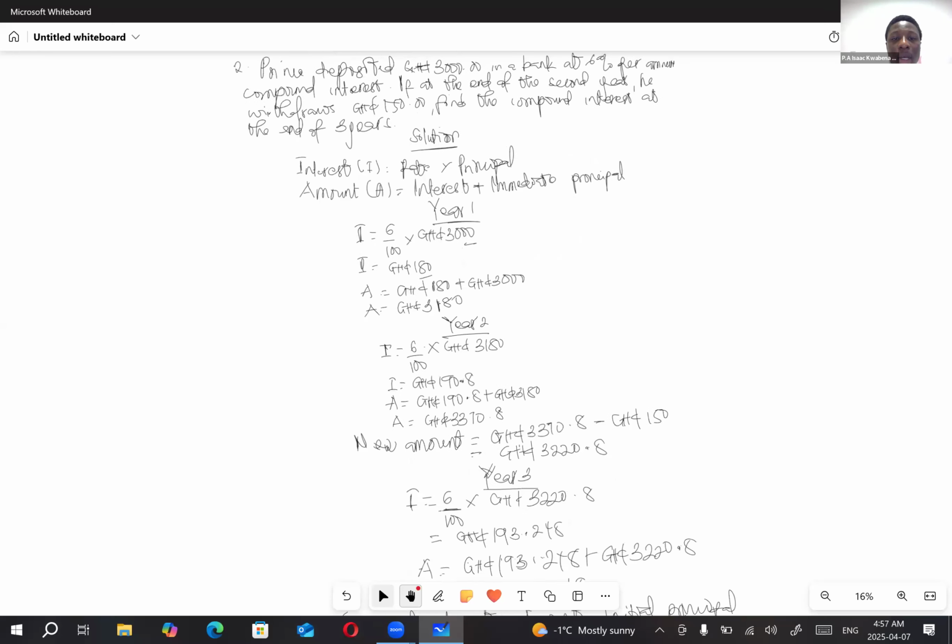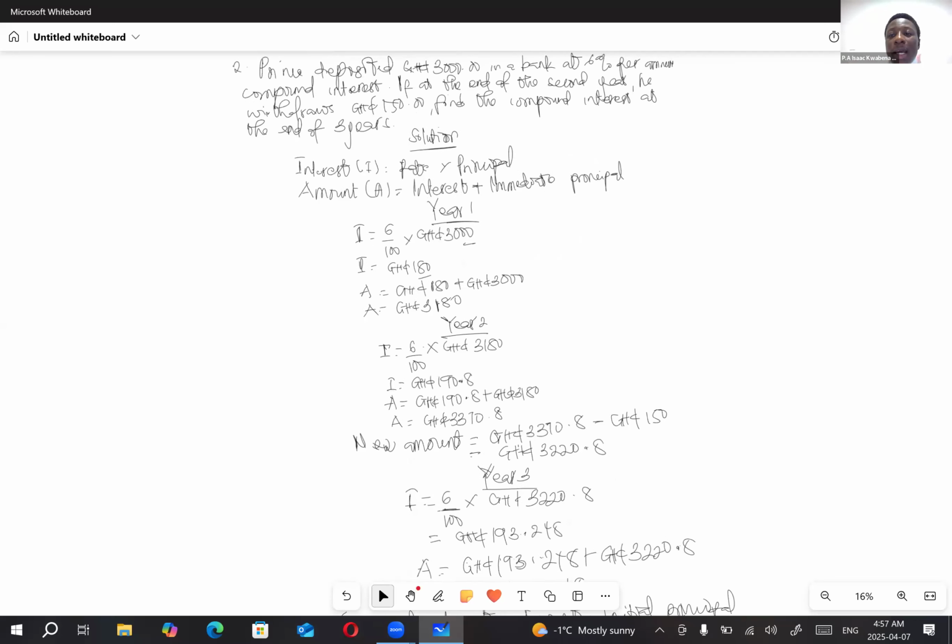That same question, instead of saying that at the end of a certain year he went to withdraw money, they can tell you that at the end of a certain year he went to add some money. As typical of every man, Oliver Twist wants more. So he went to add some money.